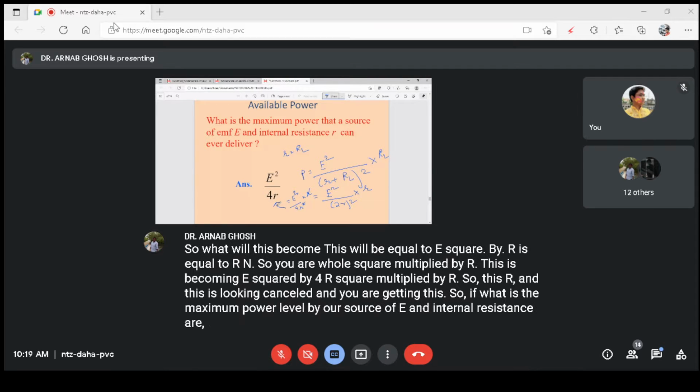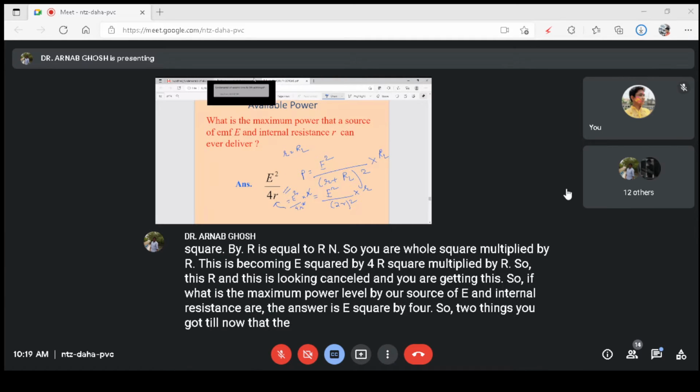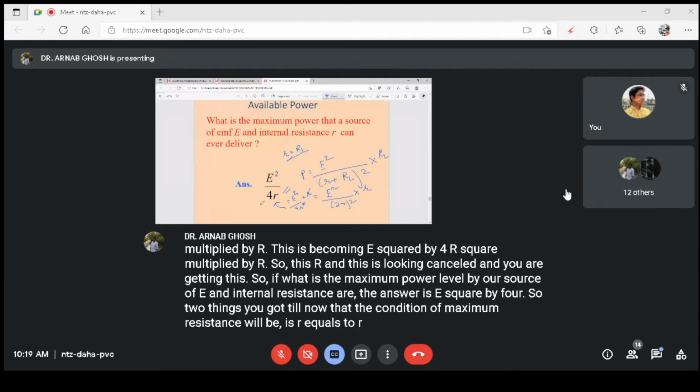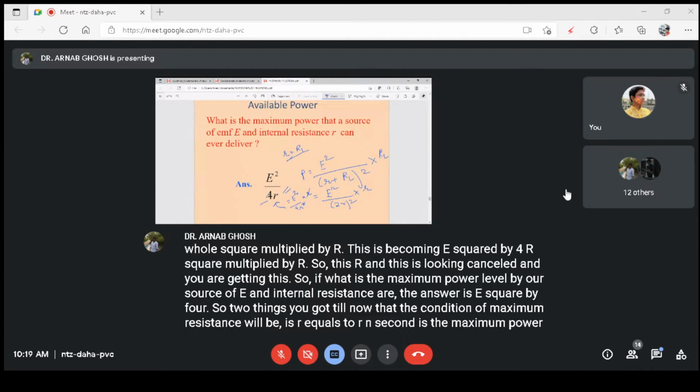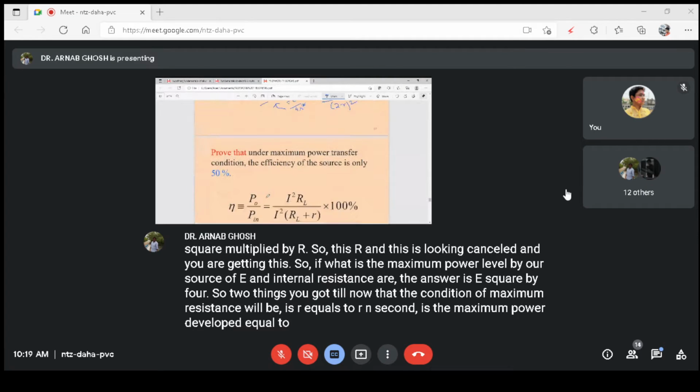The answer is E square by 4R. Clear? So two things you got till now: the condition of maximum power is R equals RL, and the maximum power developed will be equal to E square by 4R.